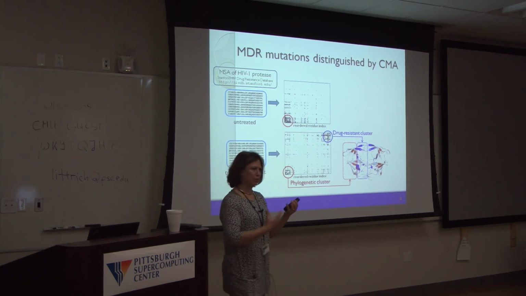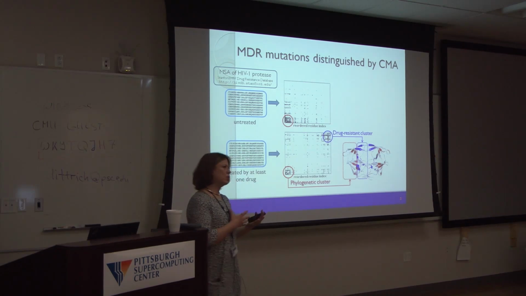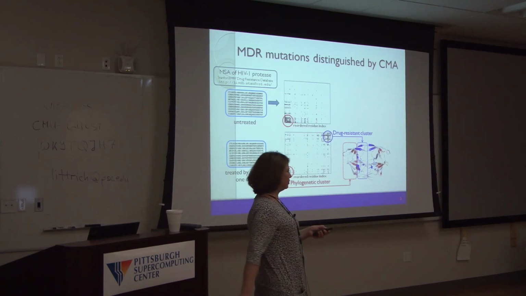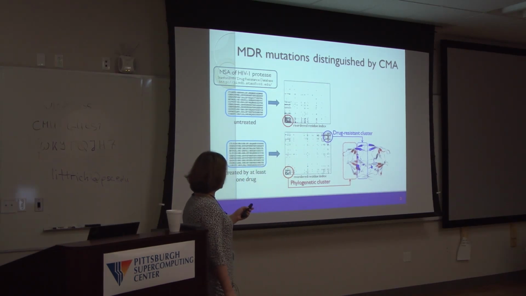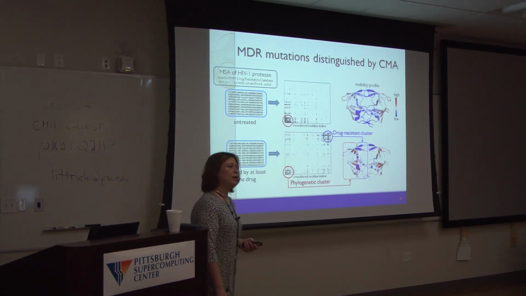And to block this type of functionality, drugs are being bound at the interface between the two dimers, especially at this region. So what the molecule is doing is simply creating new mutations at the vicinity of potential drug binding sites.